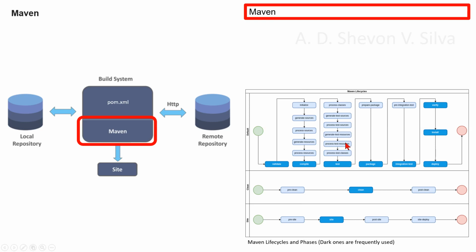Process test resources: copy and process the resources into the test destination directory. Here you can see process test classes.